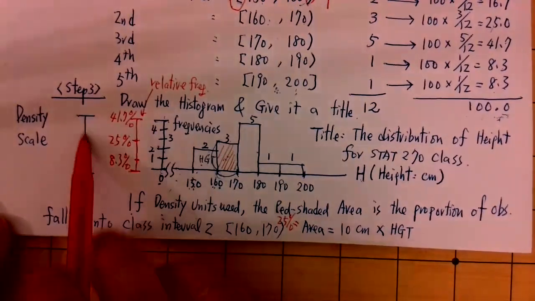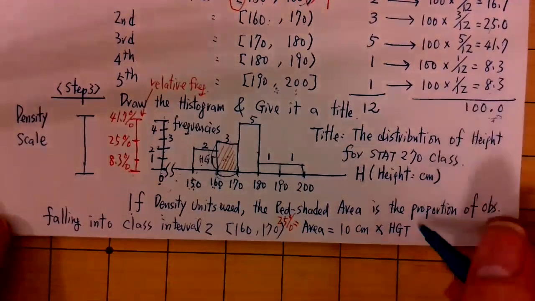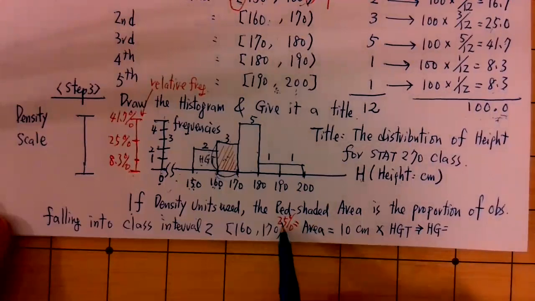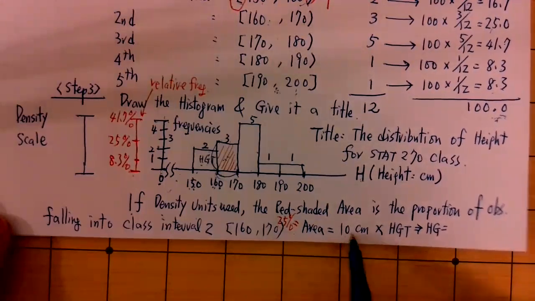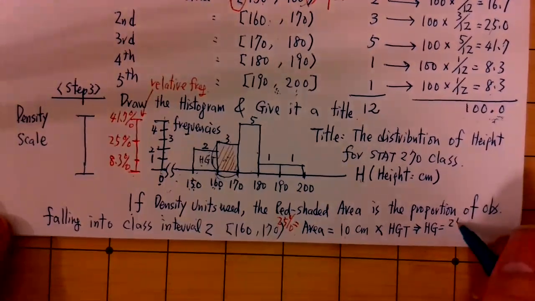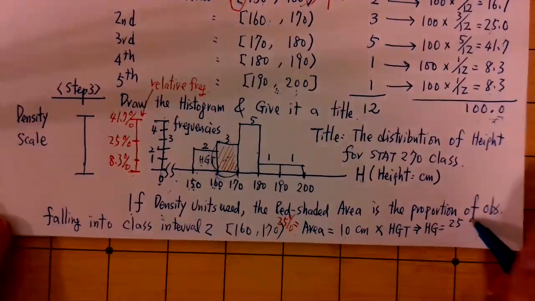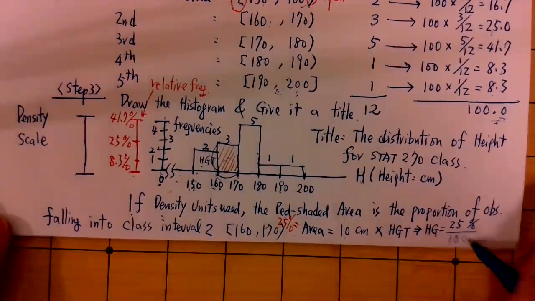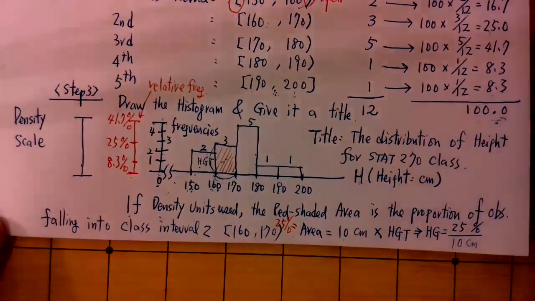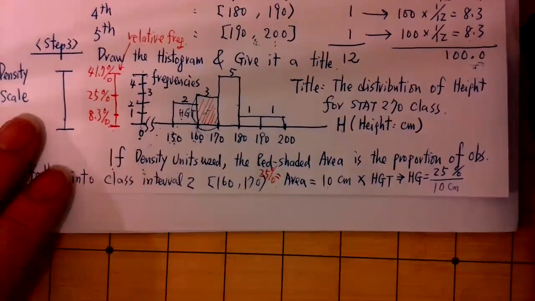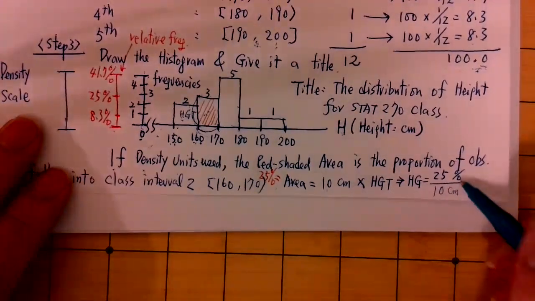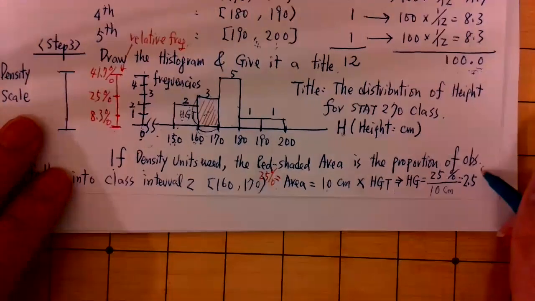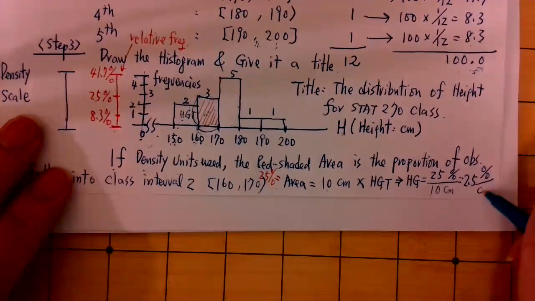If I use density unit, the height will be 25% divided by 10 centimeters, which is 2.5% per centimeter.